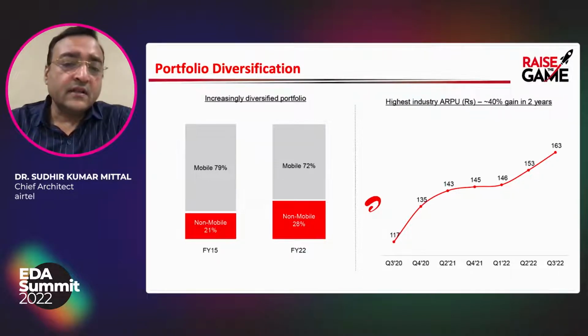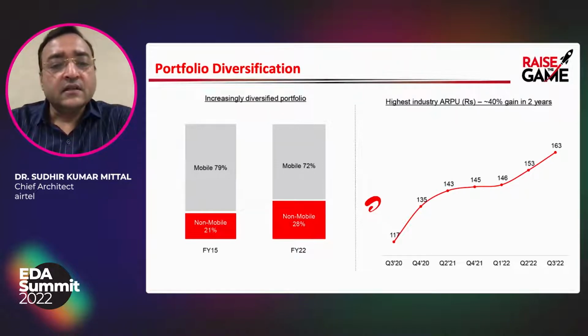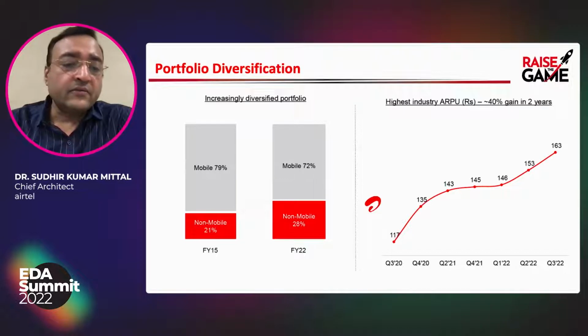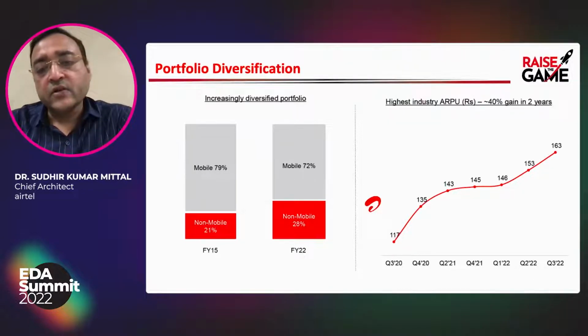And if we see the portfolio diversification, which is shown in this chart, the total share of non-mobile portfolio items has grown from 21% to 28% from FY15 to financial year 22.